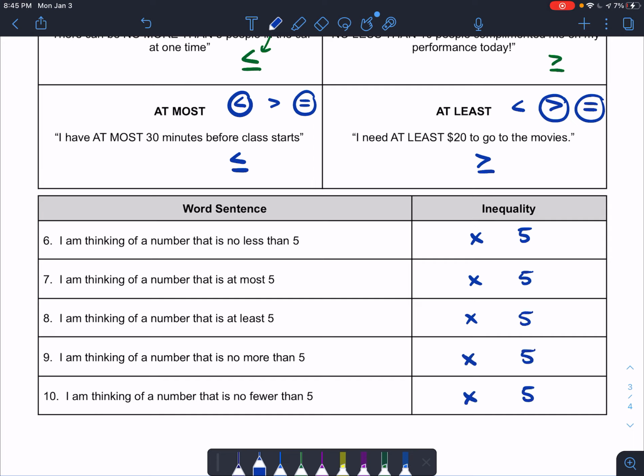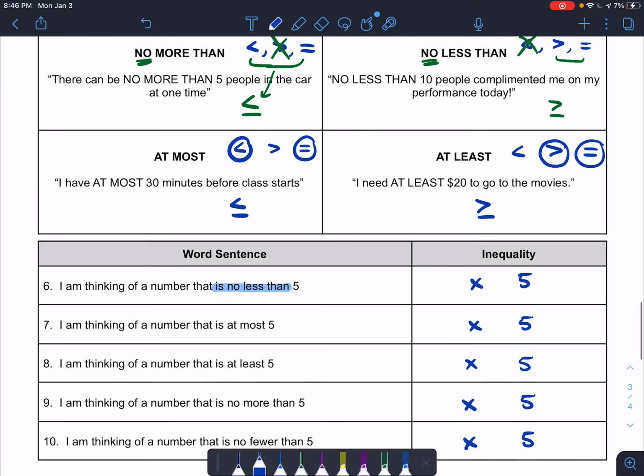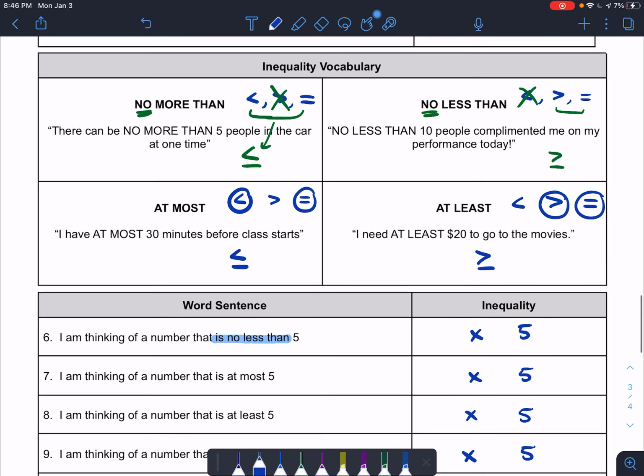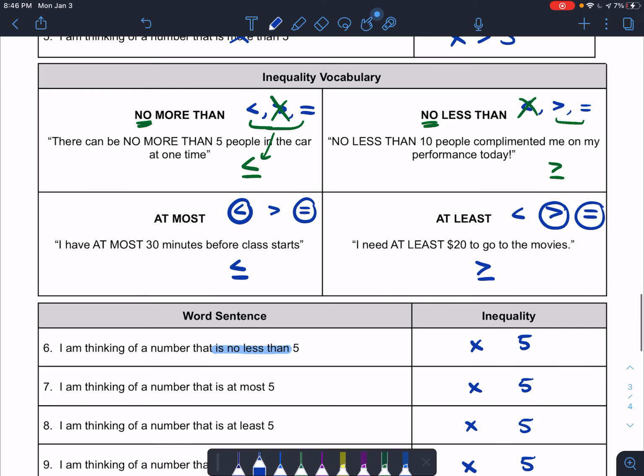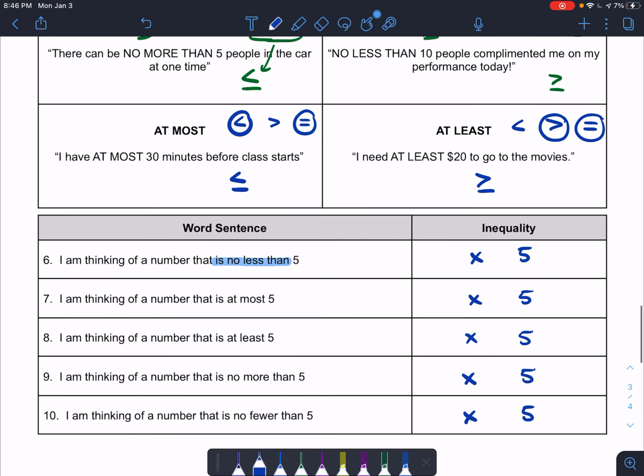This is just because of the specific way we did our notes and because we really just want you to focus on the vocabulary. Is no less than. You can either memorize this because we did it before: is no less than, which we have up above, is really the same as greater than or equal to. But again, if you don't have it memorized, just do this each and every time.